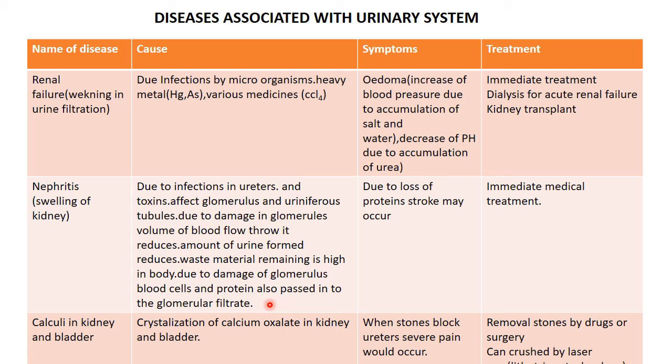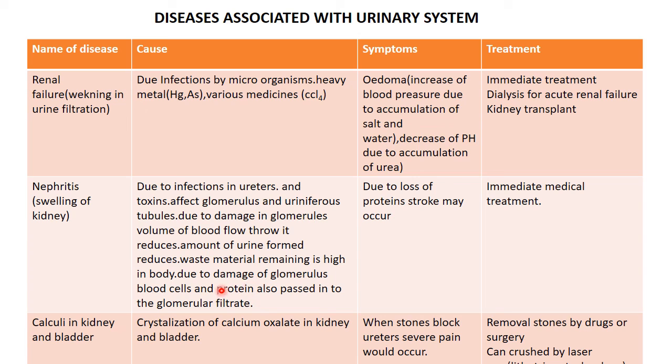Blood cells and protein also pass into the glomerular filtrate. Normally in a healthy person, we know the glomerular filtrate is the same as blood plasma. Why? Because plasma proteins and blood cells are not filtered by the glomerulus and Bowman's capsule.